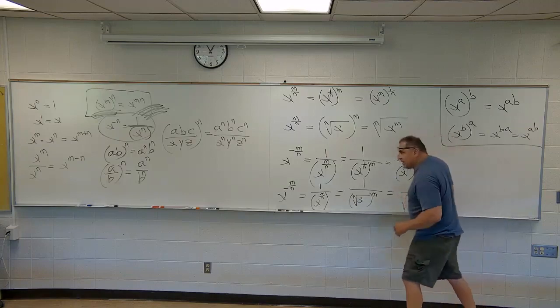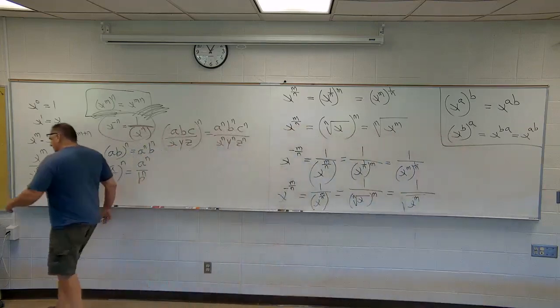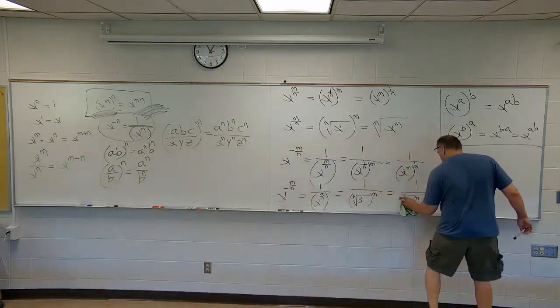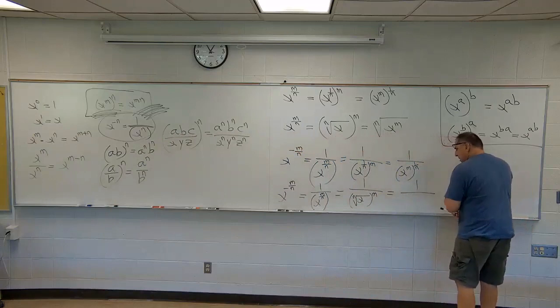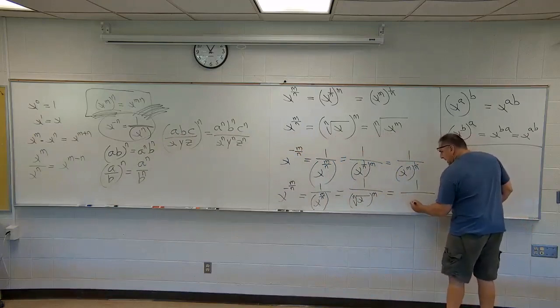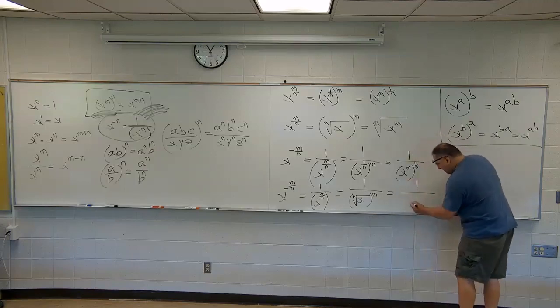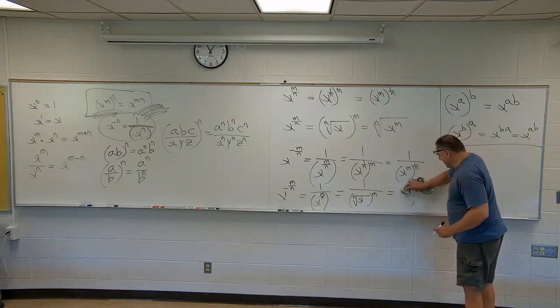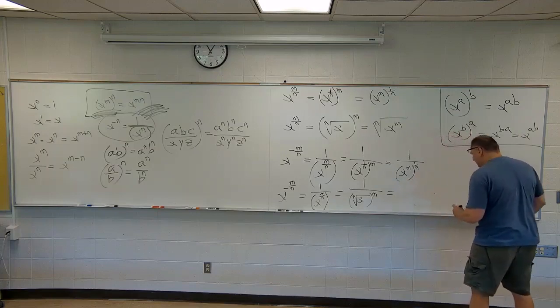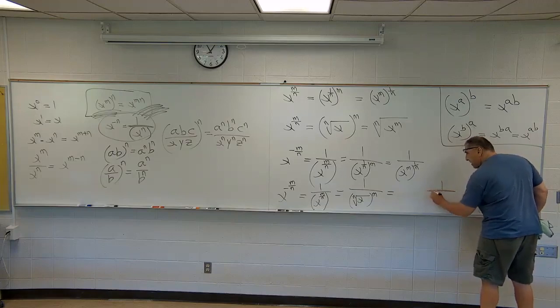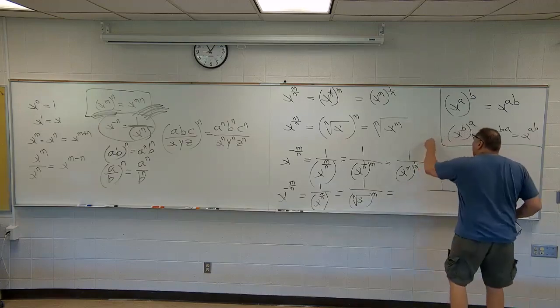For some reason, I didn't erase this. It's a little wet over here, so it's not going to give you right as well as it should. Let's try that again. We got x to the m. Still an issue. All right, guys, you got me. I don't know why it's not writing. Let me go over here. It might just be done, I think. Yeah, it's done.